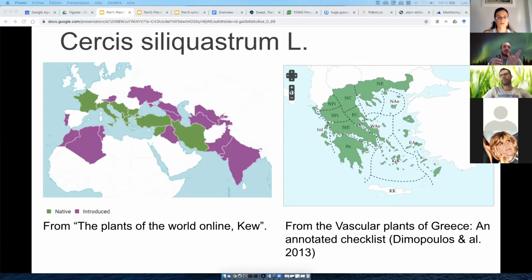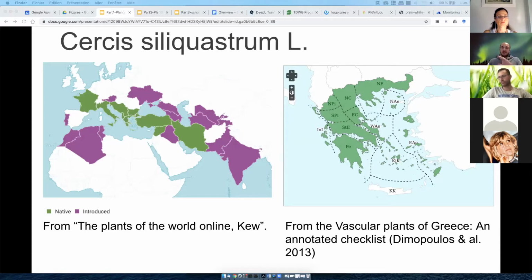So this species is native in France, Italy, and Greece, and it's introduced in India and also Algeria and in the northwest of Africa. On the right side, we can see the distribution of that species at the national level in Greece.